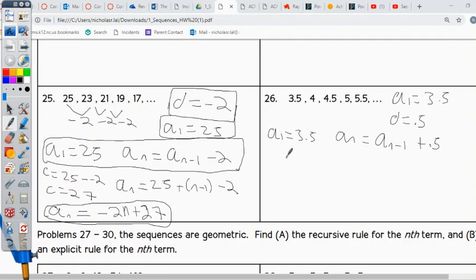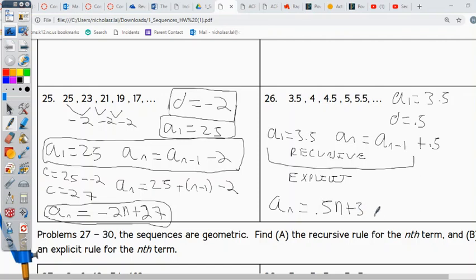That's recursive. For explicit, an is equal to 0.5n plus 3. All we did is C equals 3.5 minus 0.5, which is 3. And D is 0.5, and it's Dn plus C.